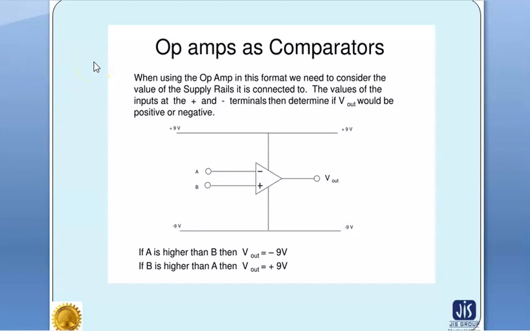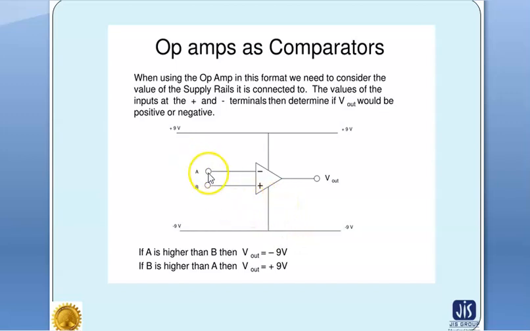Now, before going to the operation of inverting and non-inverting Schmitt trigger, we have to know the basic concept of the opamp comparator. This is a circuit of an opamp comparator. Here there are two input terminals, inverting and non-inverting, and an output terminal V out. The biasing voltage is nearly equal to plus Vsat and minus Vsat.